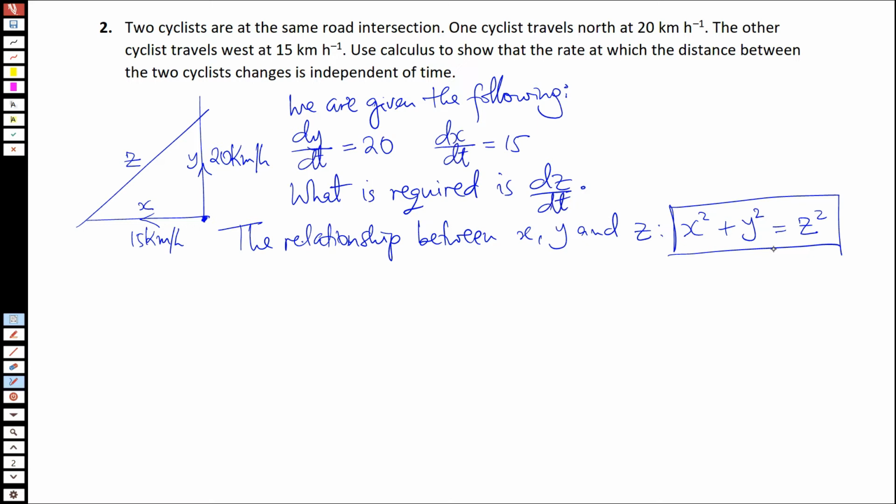So let's assume that after some arbitrary time t, these cyclists are somewhere, and what we want to do is find the distance between these two cyclists after time t. So after some time t, x will be equal to, now we know that distance is equal to speed times time.